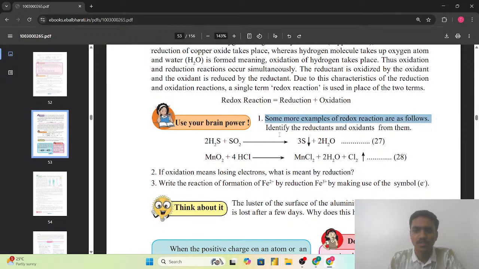Some more examples of the redox reaction are given here. Identify reductants and oxidants from them.